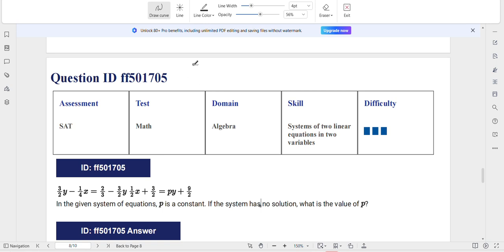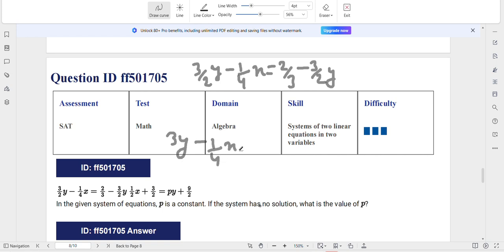Here in equation 1 we have 3/2 y minus 1/4 x equals 2/3 minus 3/2 y. If we solve and arrange the equation, it becomes 3y minus 1/4 x equals 2/3. This is equation 1 in arranged form.